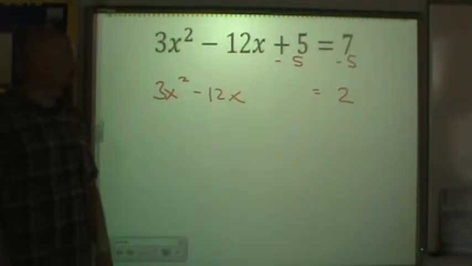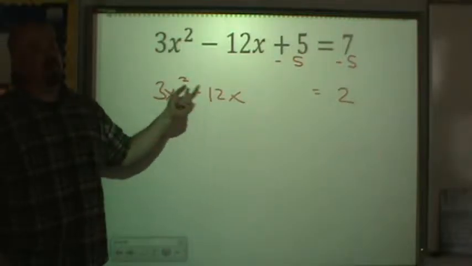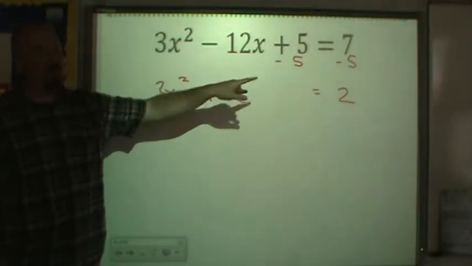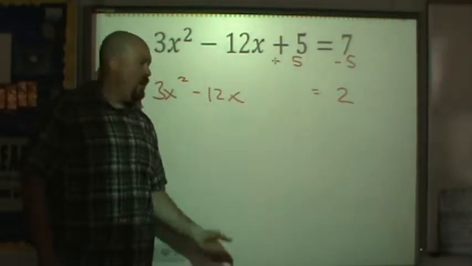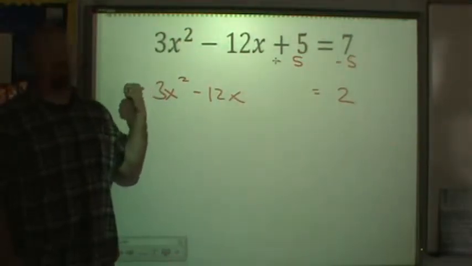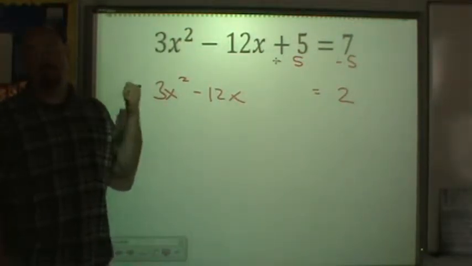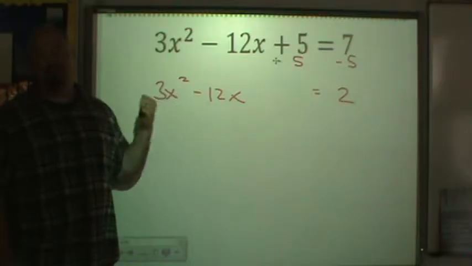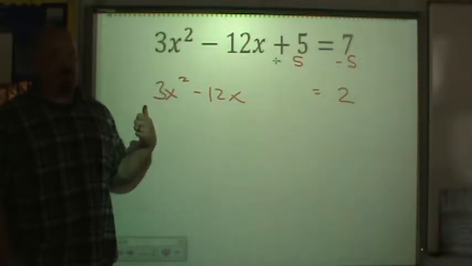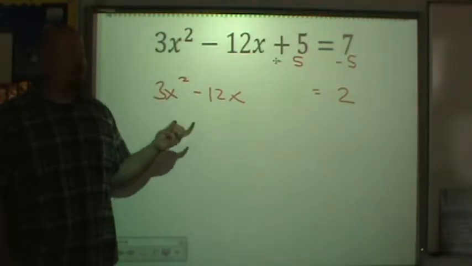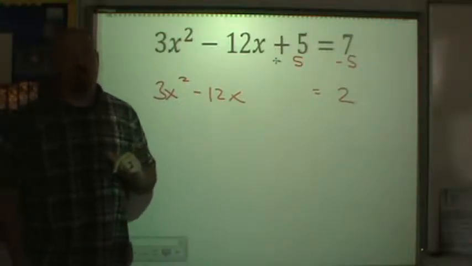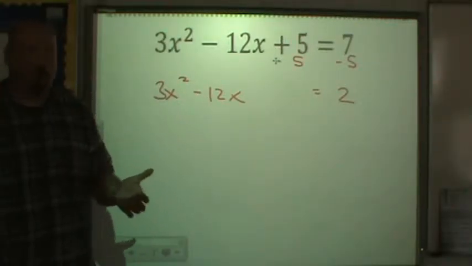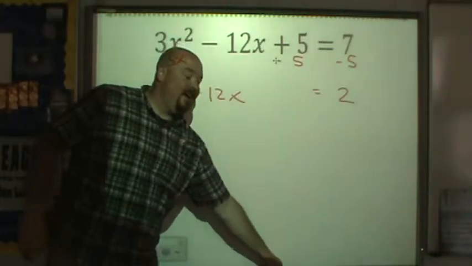All right? To everything. So, once we have our variable terms separated from our constant, we are factoring away the coefficient of the squared term. Not the greatest common factor. It's coincidental right now that 3 is a factor of 12. I'm trying to make it easier in the early going here. But we are factoring out a 3.